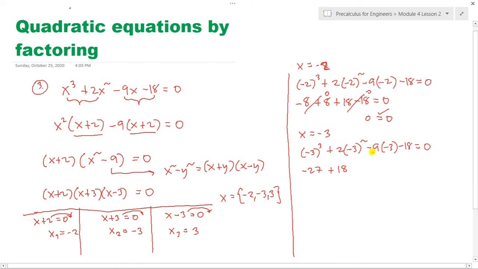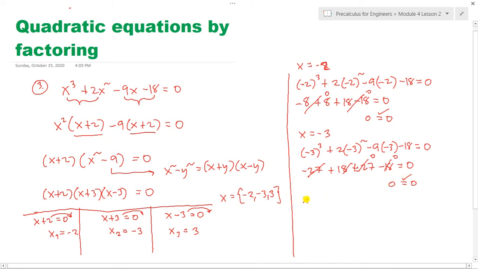Then negative 9 times negative 3 is positive 27. Then minus 18 is equal to 0. So here we have negative 27 and positive 27, this would be 0. And 18 minus 18 would be 0. Therefore 0 equals 0. So the second solution is correct.